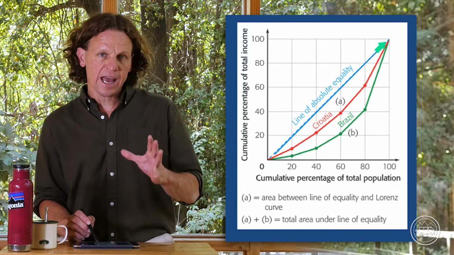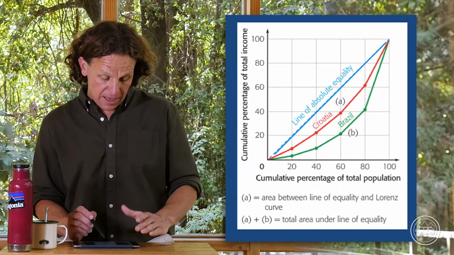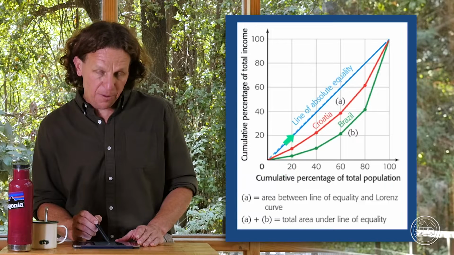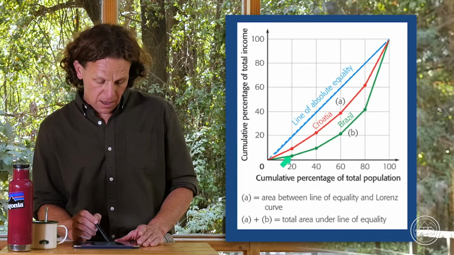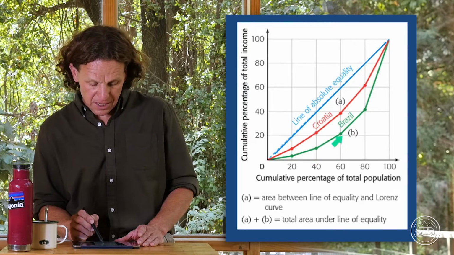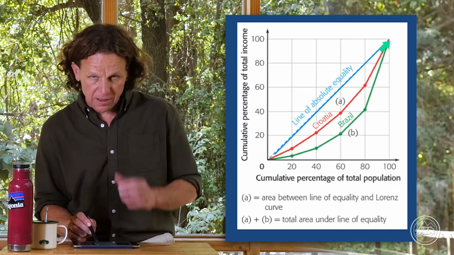If a country had perfect distribution of income, then you would find, if you went through 20% of the people and you looked in their pockets, you'd find 20% of the money. If you went through 40% of the people, you would find 40% of the money. 60%, you find 60% of the money. 80%, 80% of the money. 100%, 100% of the money.